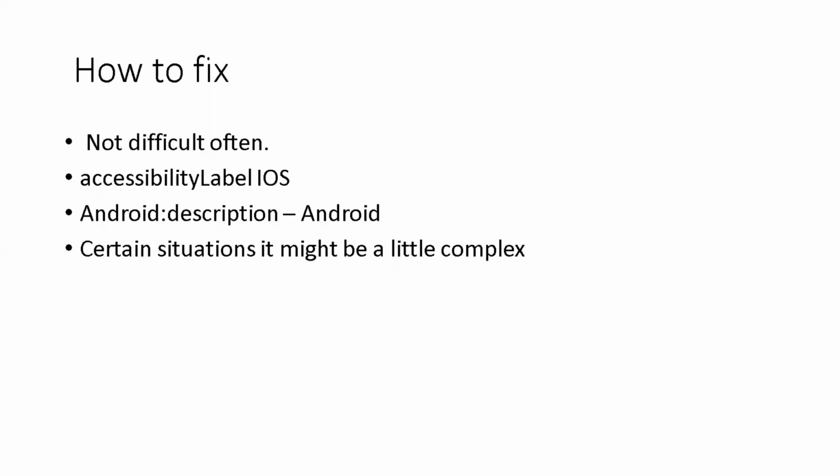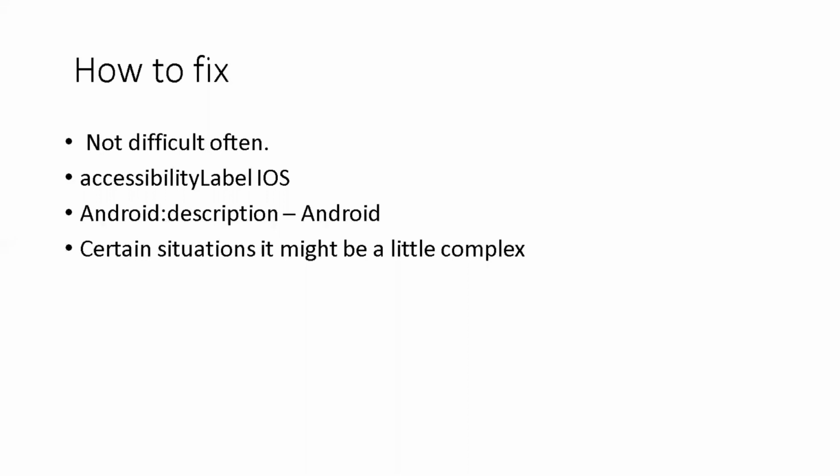Accessibility label in iOS is a simple attribute that can be added to the control so that the screen reader user gets the additional information to activate or interact with the control. Android content description is the way someone can give a label to the control.